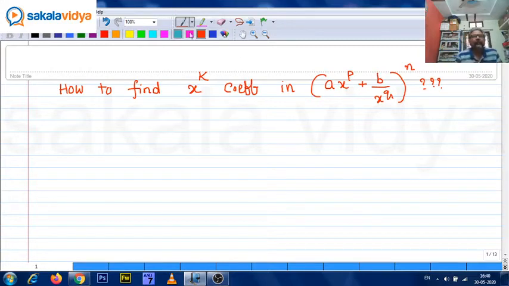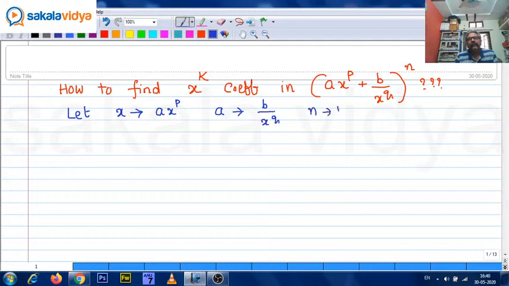Right, definitely I will do it. So now see, let us compare with (x + a)^n: x is a x^p, a is b/x^q, and n is n.